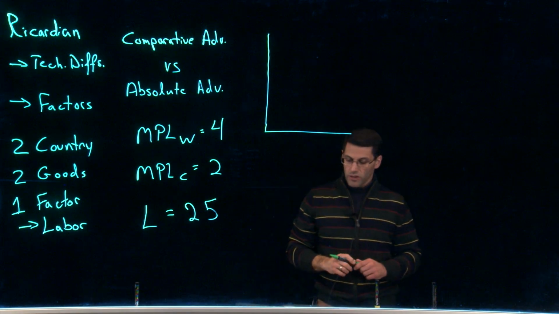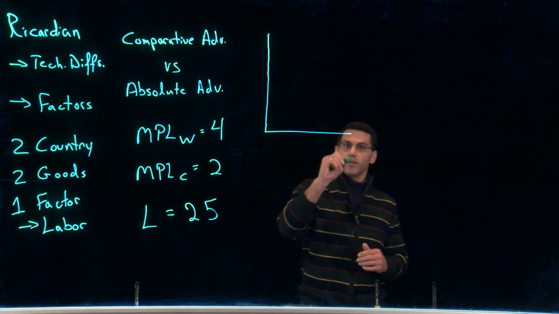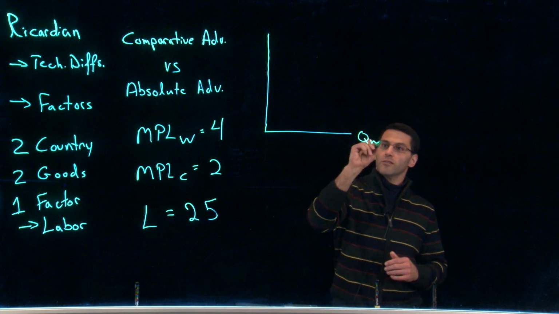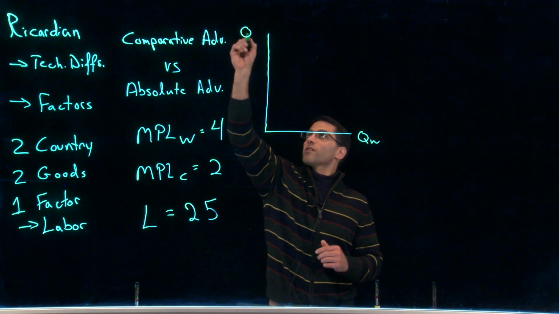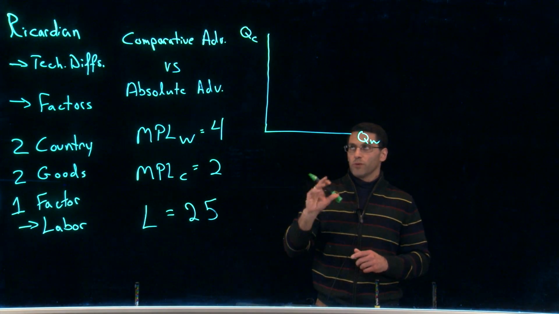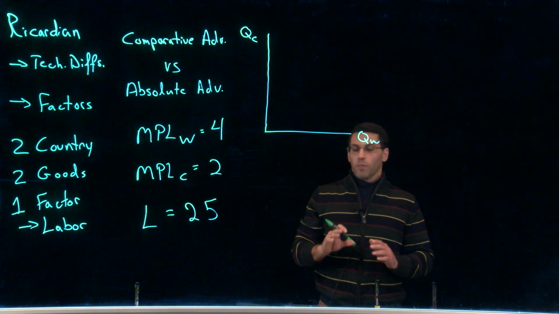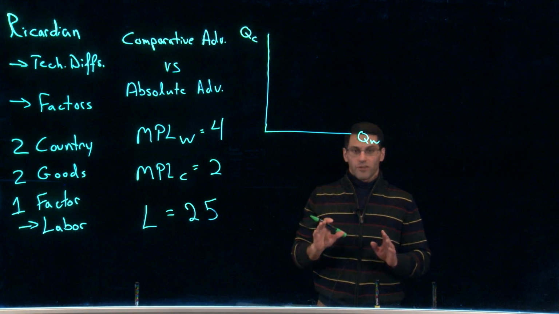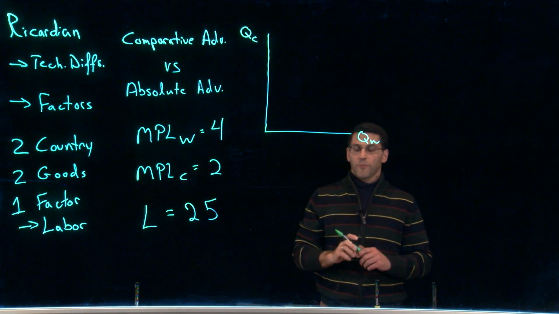We're going to put wheat on the x-axis and cloth on the y-axis, just so that we're all on the same page, putting the same goods in the same axes. Everything we do, you could flip the axes around, it doesn't make a difference.